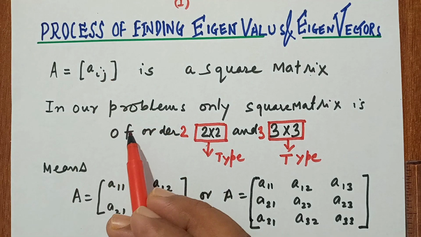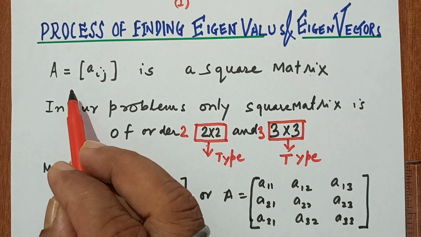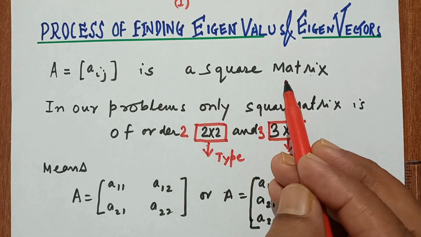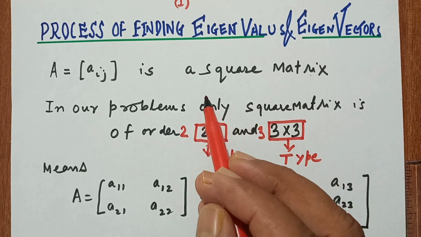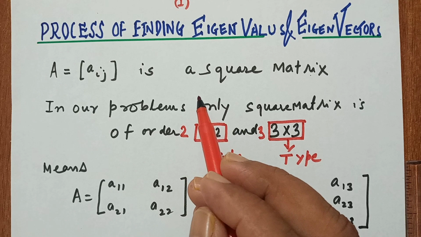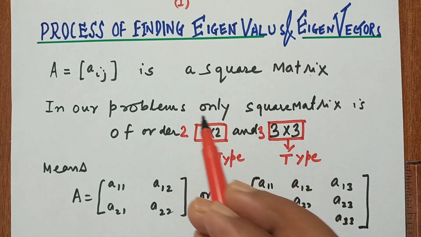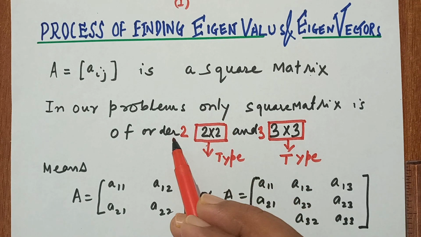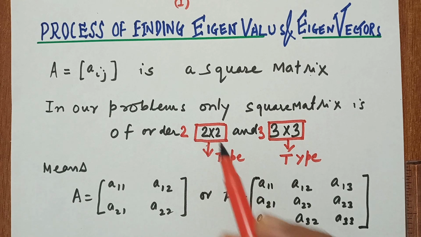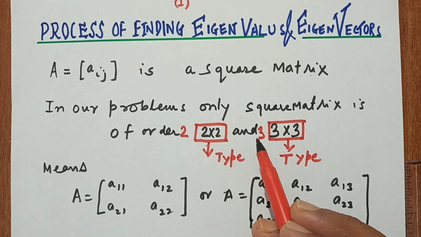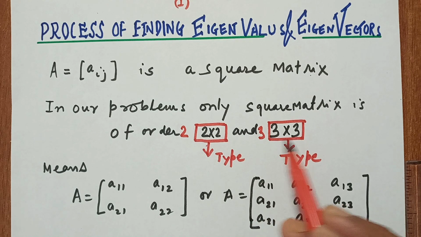So let us suppose A is a square matrix. Also, in our study we shall study only matrices of order 2, that is of type 2 by 2, and order 3, that is of type 3 by 3.